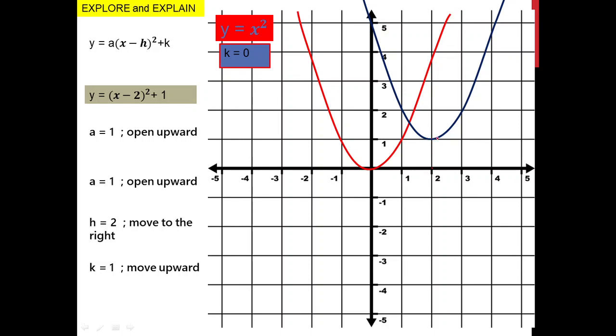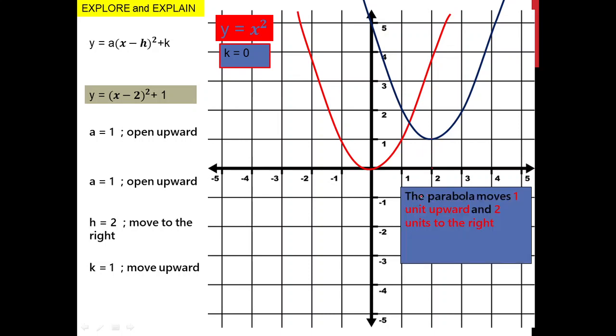So there you go. This will be the graph when the values of a, h, and k change. So the parabola moves 1 unit upward and 2 units to the right.